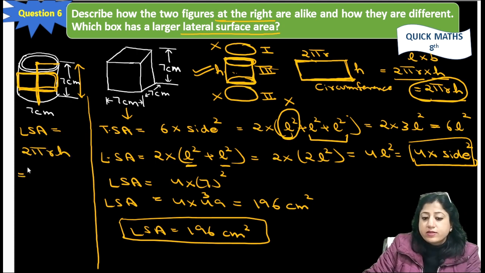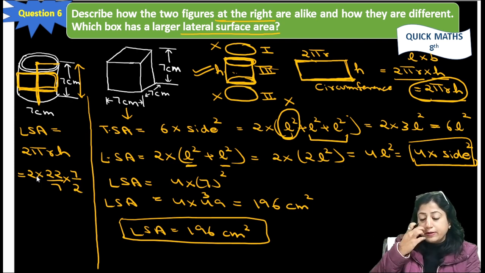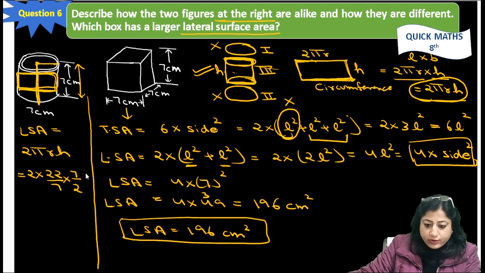Here radius is 7 by 2 because diameter is 7. Put the value of pi as 22 by 7. R is 7 by 2 because r is half of the diameter. I am removing this line to make space.